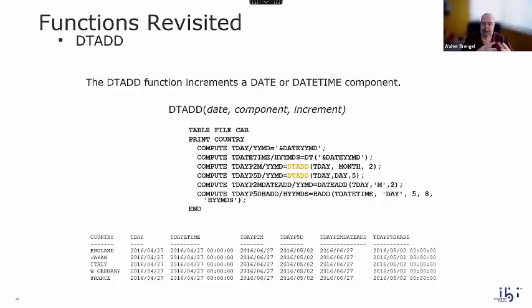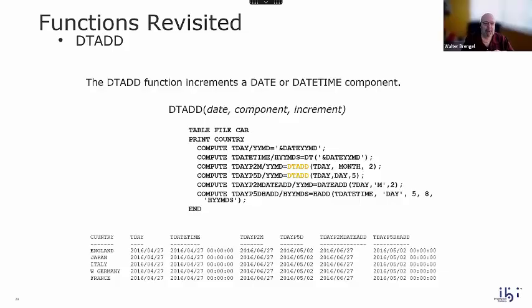Date time functions, we have DT add. Before we had HAdd. So this is a little nicer. DT add for date P2M is we're going to add 2 months. And the result of the DT functions is usually going to be a full component date or date time. Notice it doesn't matter what you're putting in.